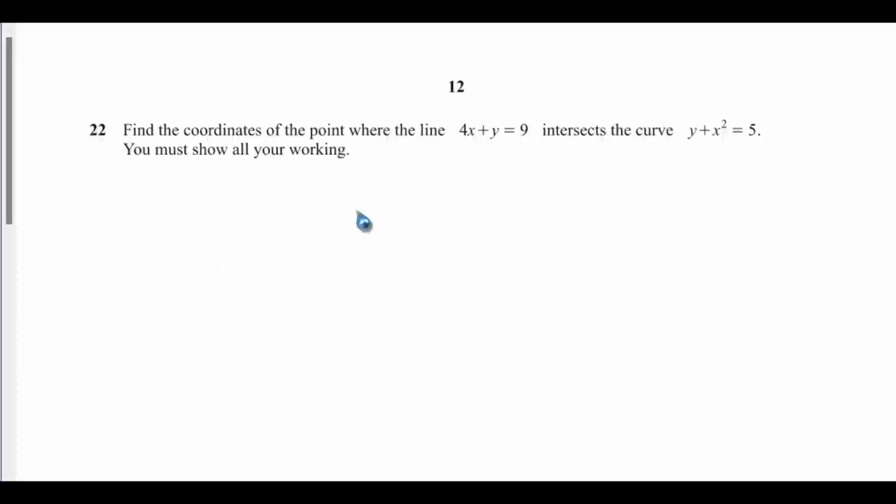So let's go to the final question, that is the last one, question 22. Find the coordinates of the point where the line 4x plus y equals 9 intersects the curve y plus x squared equals 5. You must show all your working. So let's call 4x plus y equals 9 equation 1, and y plus x squared equals 5 equation 2.